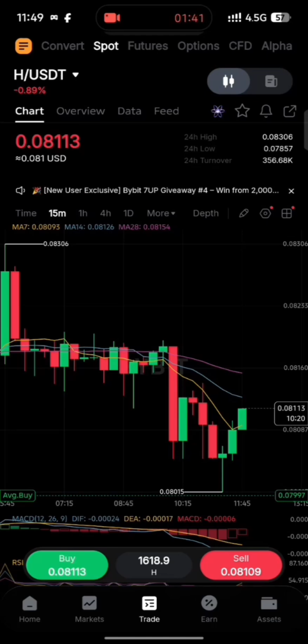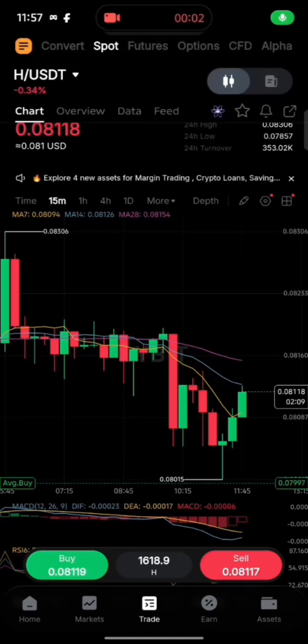You can see from the hammer we have gotten a successful 2 candlestick reversing. Okay, 2 candlesticks showing green, which means they are reversing. So let's keep watching. Let's watch carefully and we'll see either we're going out with profit or not.